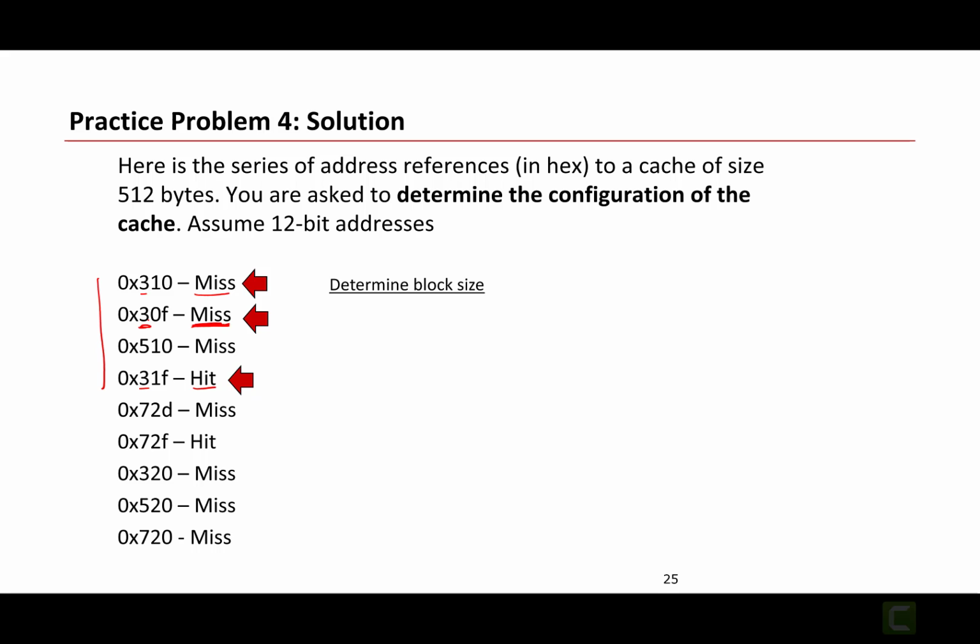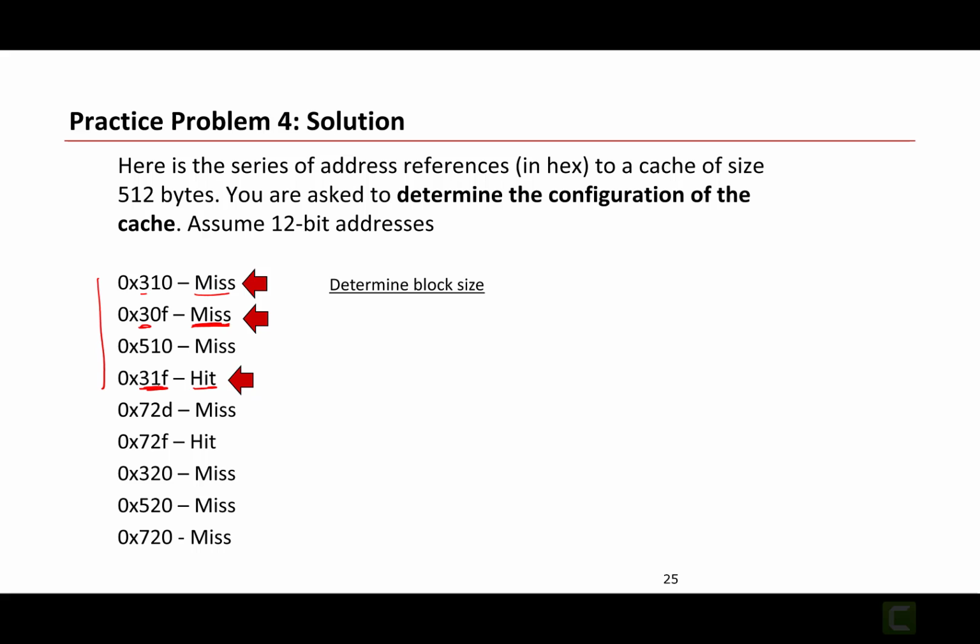So that should give us an upper bound on what the cache block size should be. And the third access is a hit, and this address was not accessed before. So that means you're exploiting spatial locality. So this should give us a bound on what is the smallest possible block size. So between those two constraints, maybe we could figure out what the block size should be.